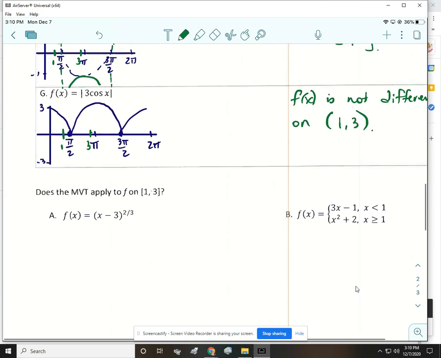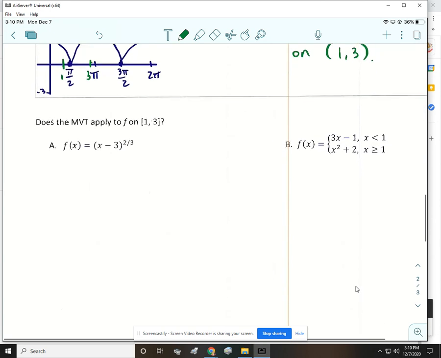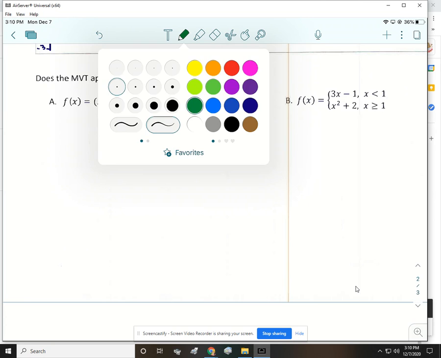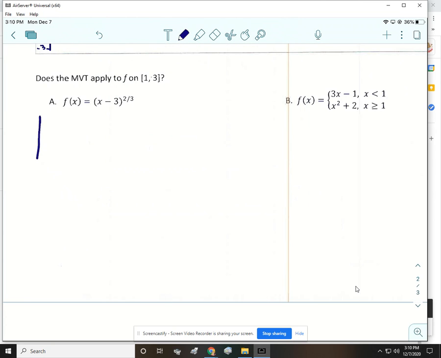All right, and then this last example, it asks, does the mean value theorem apply to f on that interval? All right, and so we have this function where we have something raised to the 2/3, and I'm hoping we're getting to the point where we've done enough of these graphs that you already know in your mind what that looks like.